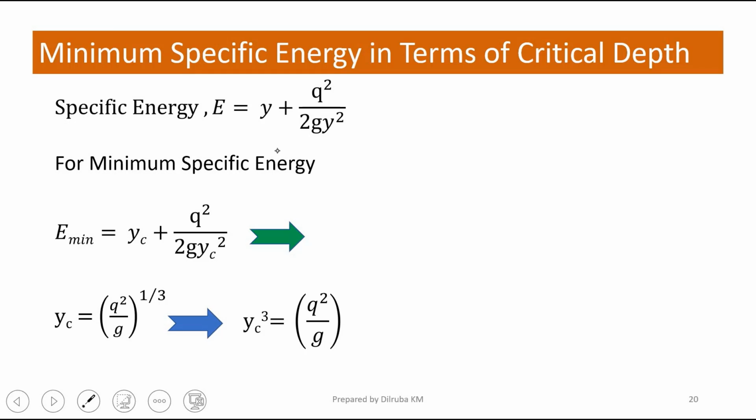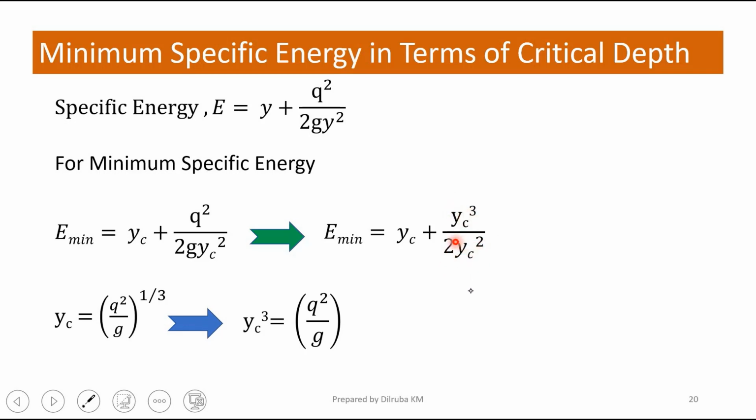Substituting this into the minimum specific energy equation, q squared by g becomes Yc cube, so E minimum is equal to Yc plus Yc cube divided by 2 Yc squared.